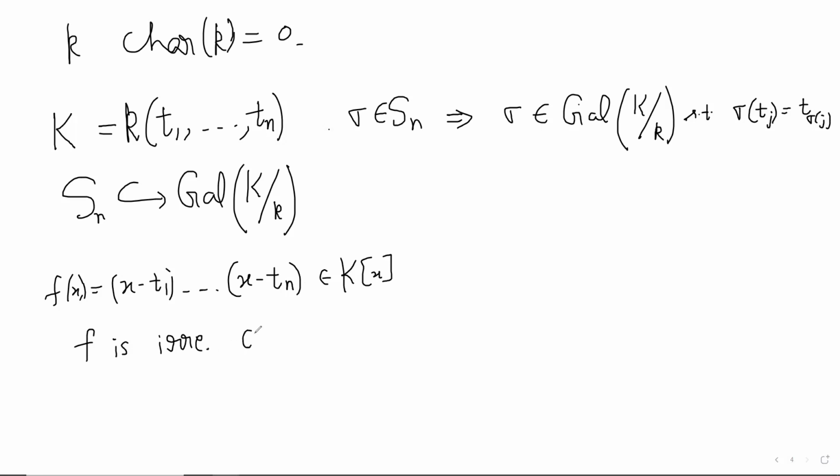F is irreducible over. Yes, okay, so you are going to say that K over K^{Sn} has Galois group Sn.